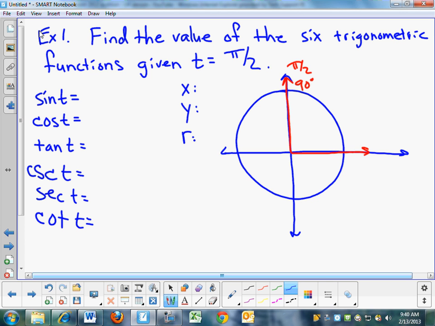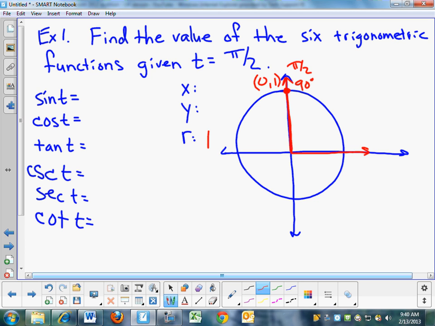Well, this is a little bit different because it doesn't exactly make a triangle, does it? I mean, if you were to go to that terminal point, which is right up here, and then draw a line down to the x-axis, you would just come up with a straight line. So let's think about that for a second. What's the radius? The radius is 1. Now, what is the coordinate right there? 0, 1.